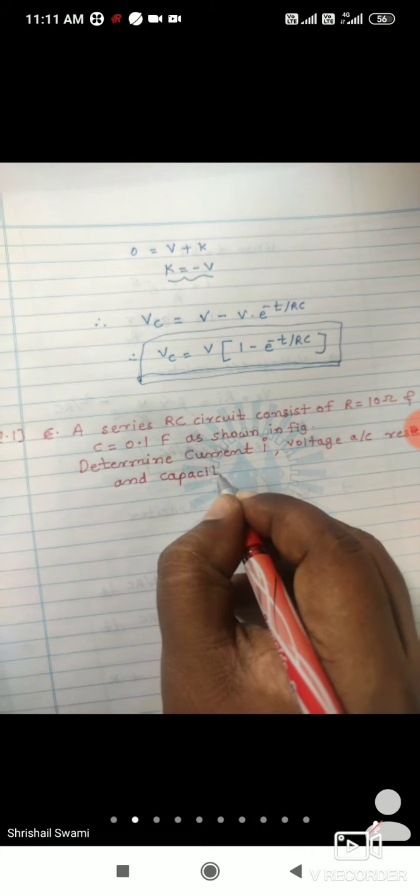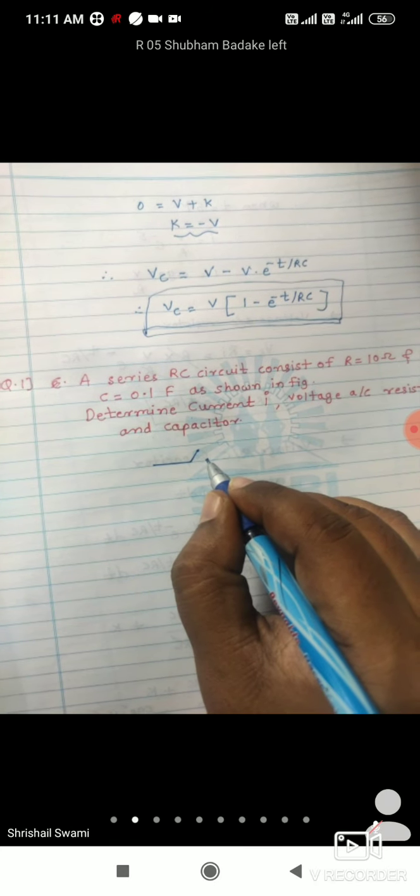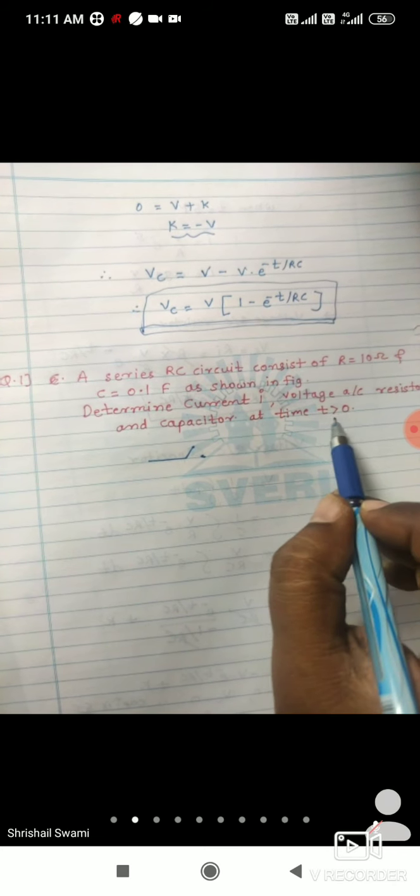So how to find out the current I? They have given the diagram also. One thing is remaining: determine current I, voltage across resistor and capacitor at time t greater than 0. This is very important. Which time they are asking, that you have to find out.